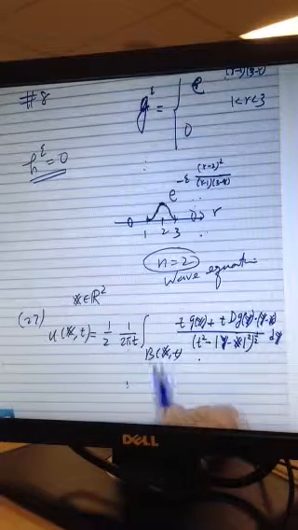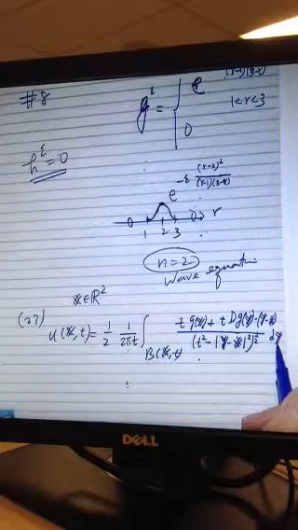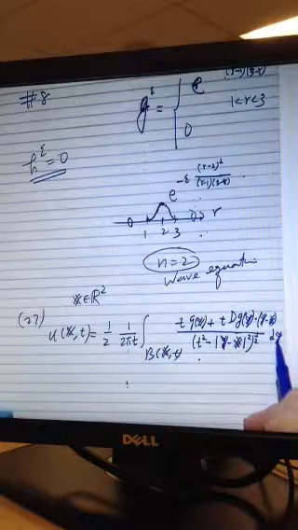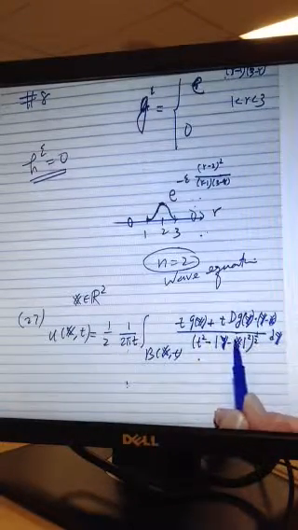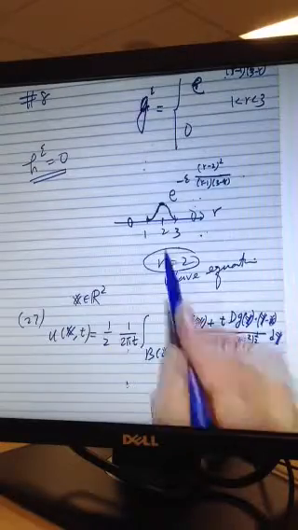Note that this is on the ball, so this is a two-dimensional integration. This is not on the surface. So then you have this integration, and the g of y.